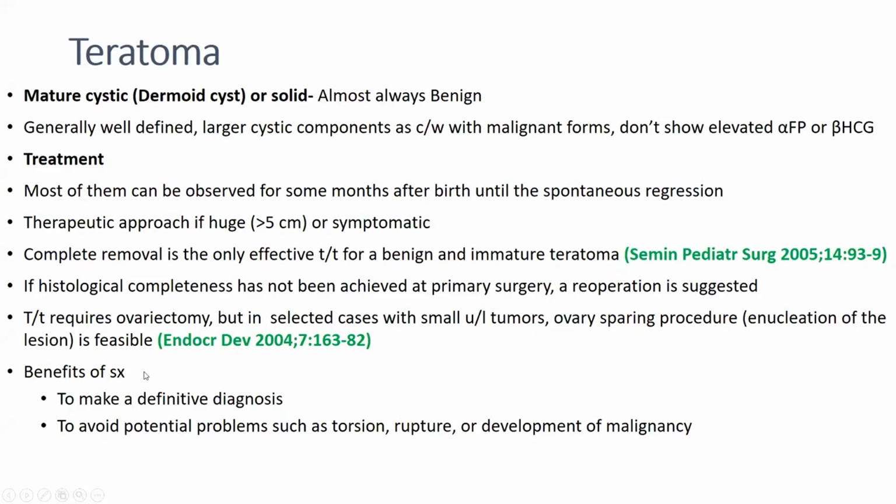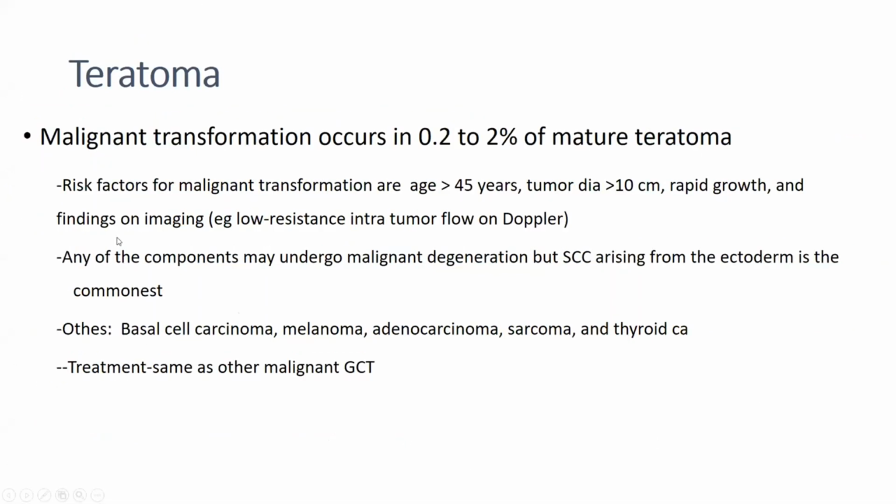Other benefit of performing surgery for teratoma is to make a definitive diagnosis, because although histology and tumor markers are different in mature teratoma as compared to the malignant form, it is only histology which can give us the definitive diagnosis. And the second is, if it is not removed, then it can further lead to torsion, rupture, or it can develop into the malignant tumors.